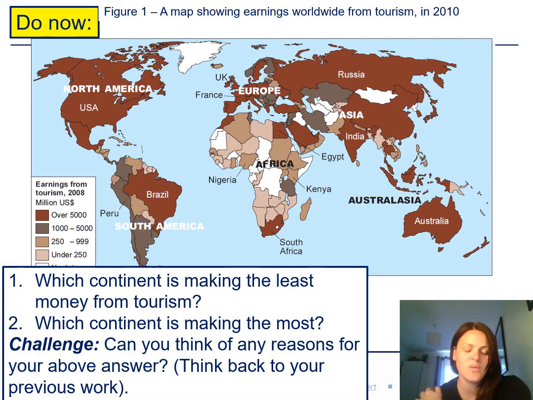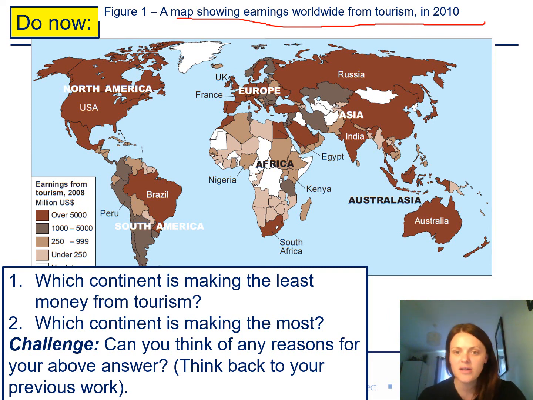Okay, so what we've got here is a map of the world, but it's showing something in particular. It's showing earnings worldwide from tourism, and this was taken in 2010. So, how much did each country earn through tourism? Now, tourism is just going on holiday and going out and doing things on a day trip to somewhere that you don't live.